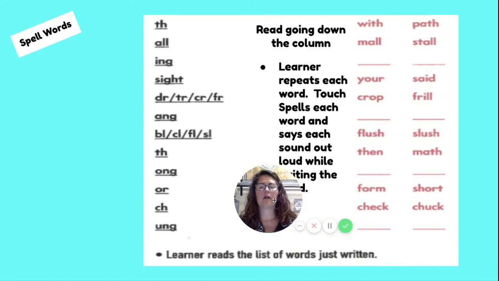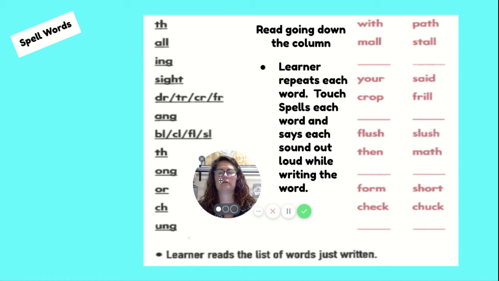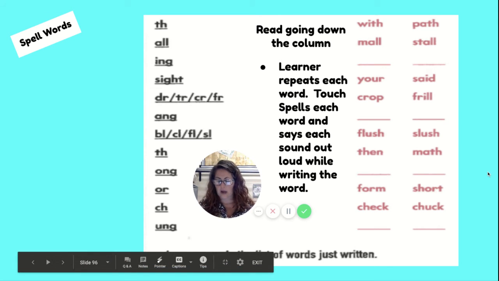If you made an error, cross it out while looking at the correct one and write it correctly while sounding it out 3 times. Okay? After you've had a moment to check all your words and make sure they're spelled correctly, I want you to read the list of words just written out loud to someone.